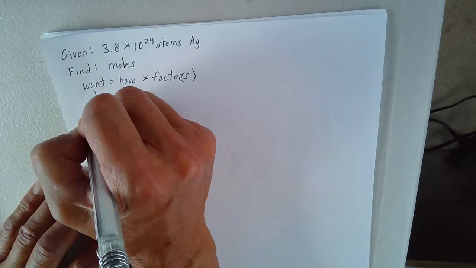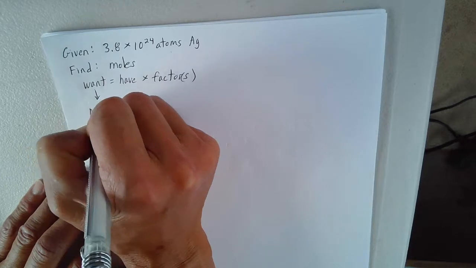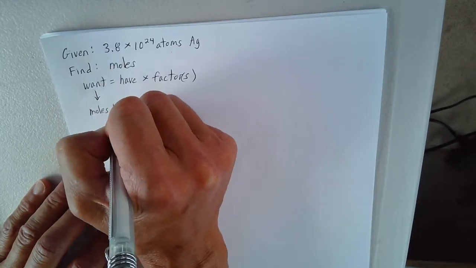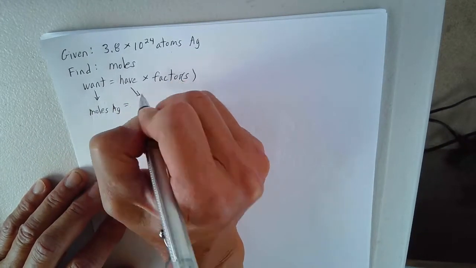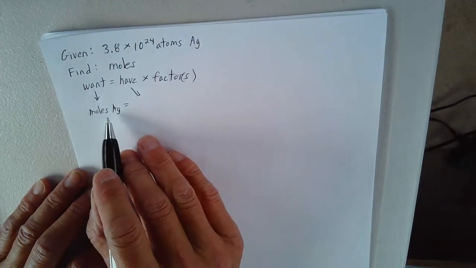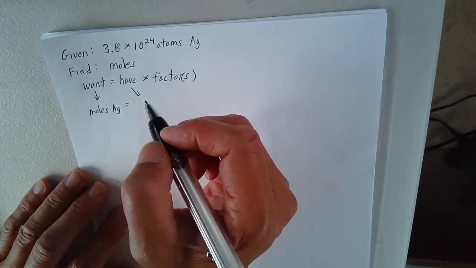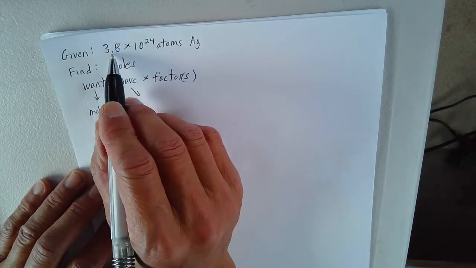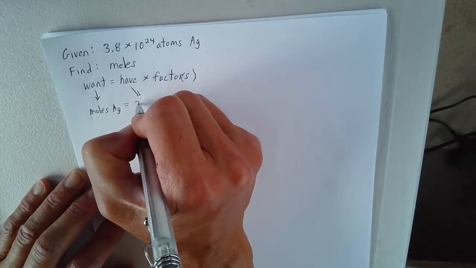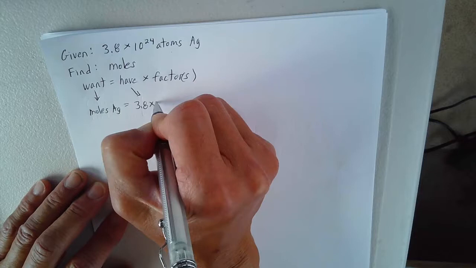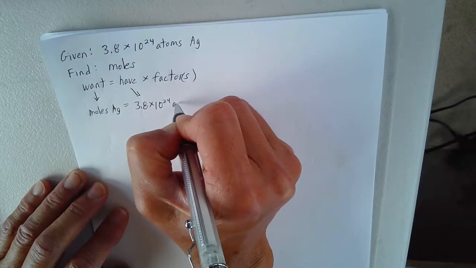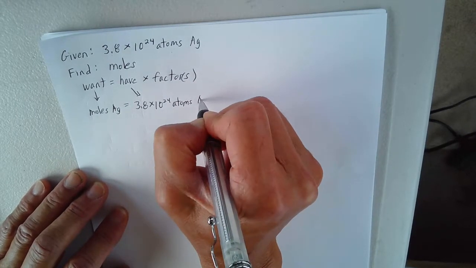Underneath want, what do we want? We want moles of silver. Underneath have, well, what do we have that drives the moles of silver in this relationship? Well, we're given the amount of 3.8 times 10 to the 24th atoms of silver.